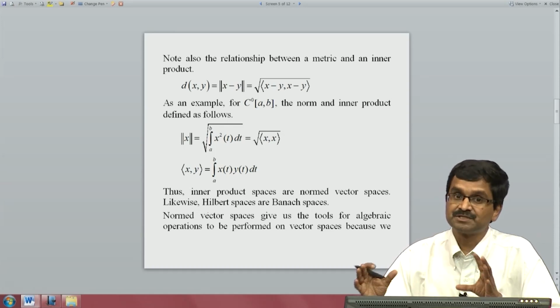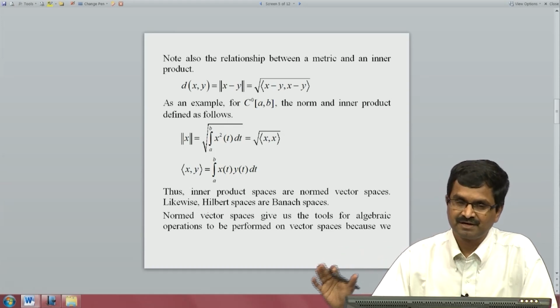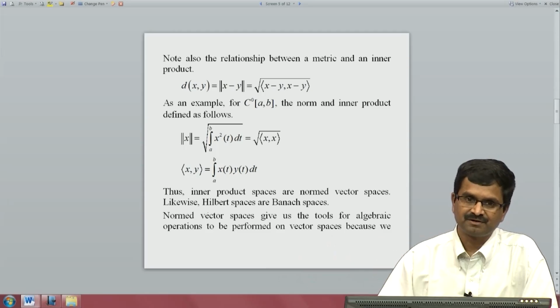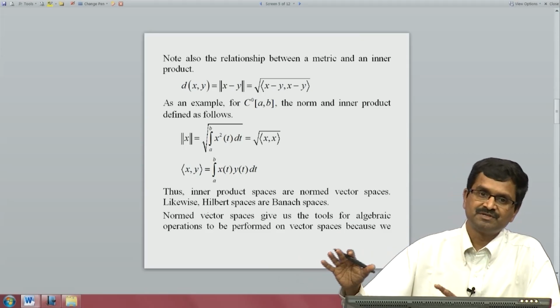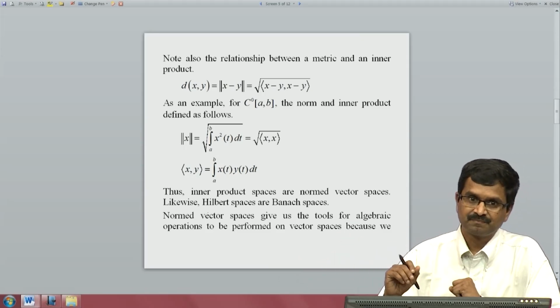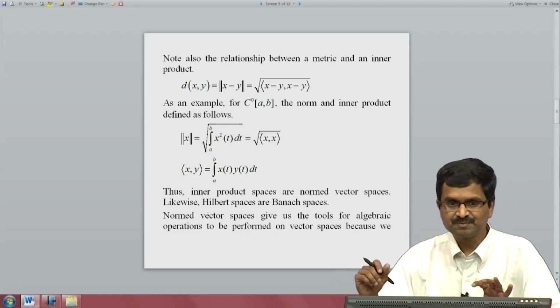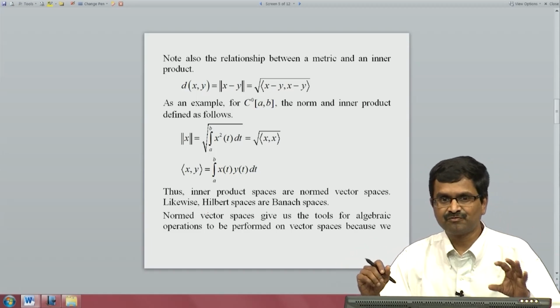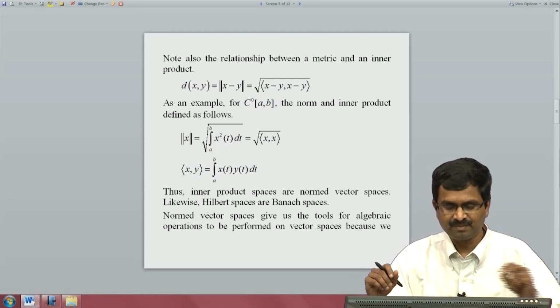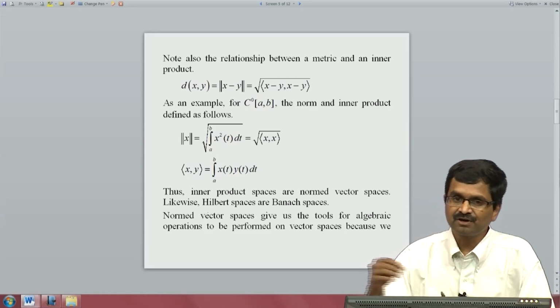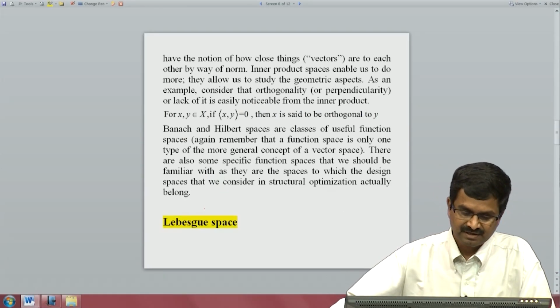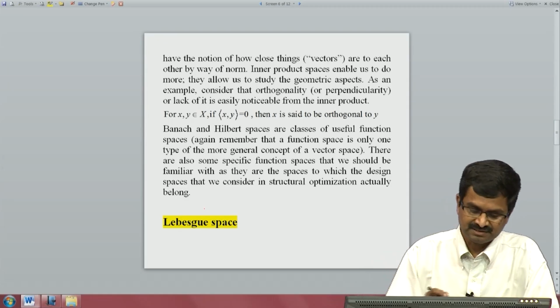We are not saying which vegetable, whether brinjal or lady's finger or some other gourd, but we are saying all of them are vegetables. Banach spaces have a norm and are complete normed vector spaces. Hilbert spaces have an inner product and they are like fruits. We are not saying apple, orange or banana, but they are all fruits, right.